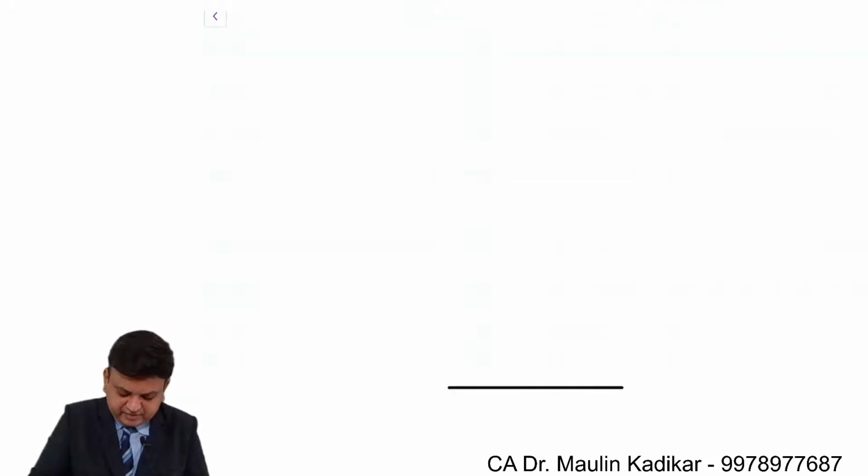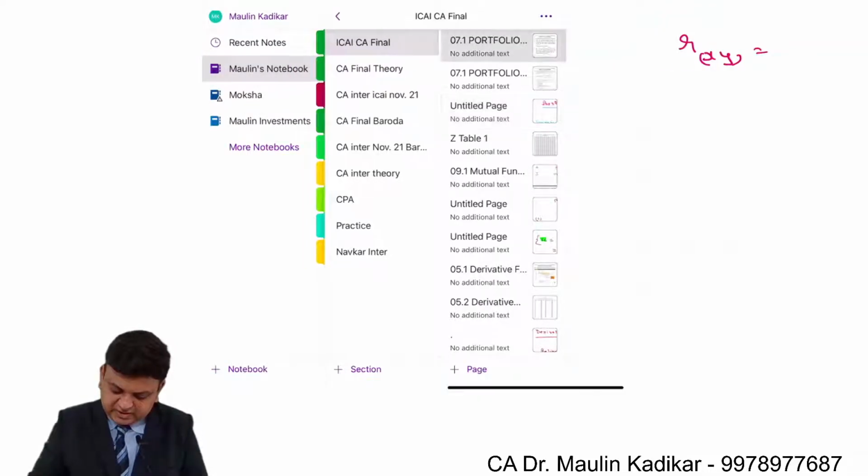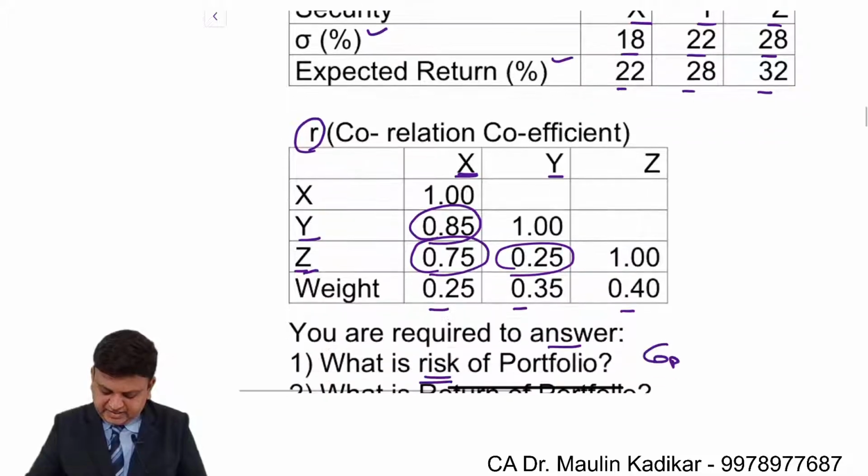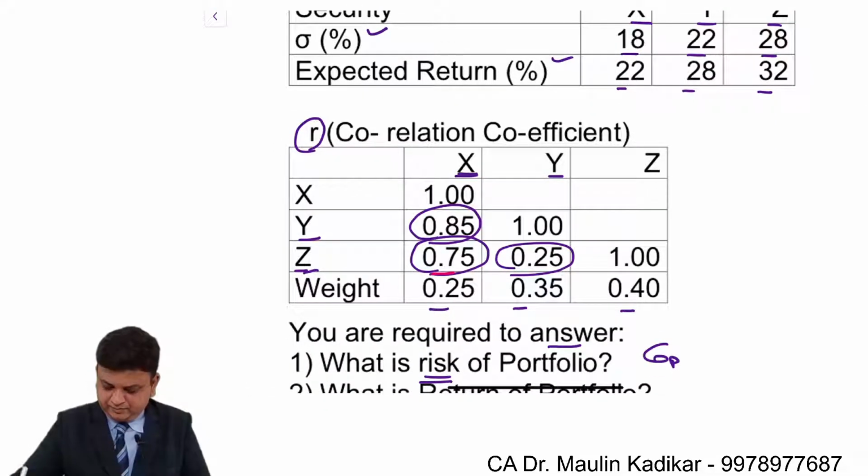See, we have been provided with the information about the correlation coefficient between X and Y. It is provided to us as 0.85, then X with Z 0.75 and Y with Z is 0.25.